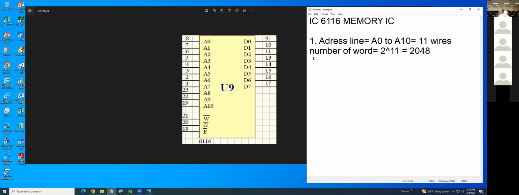And number 2, data lines. You already know that will be 8.